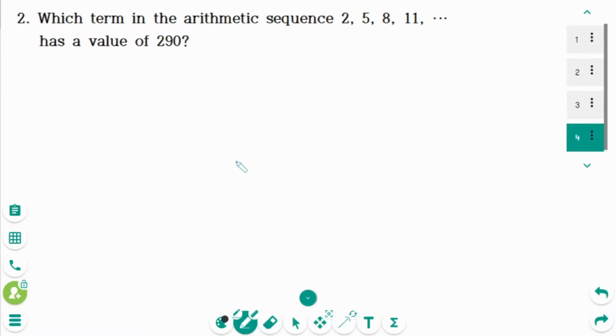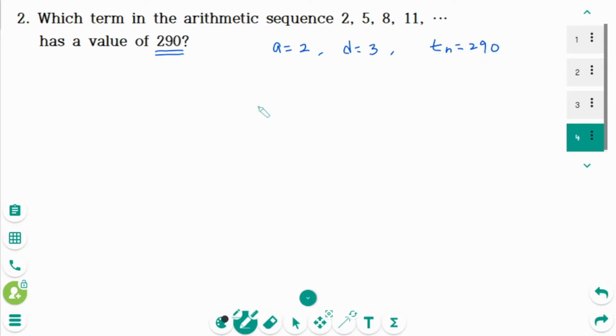Number 2, in the arithmetic sequence, the first term a is 2. The common difference d equals 3. Let the nth term equal 290. So tn equals 290.